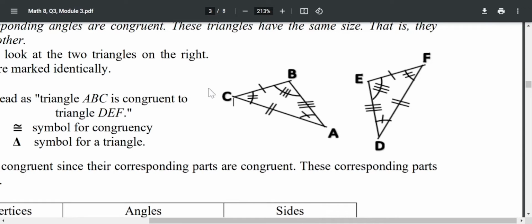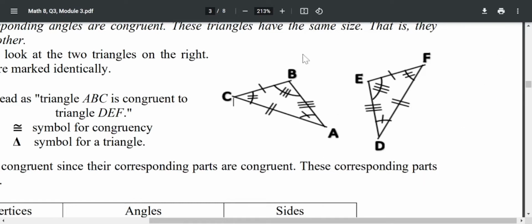Then on side CA there are two marks, and on our other triangle there are also two marks on side DF. So this means that this side CA or AC is congruent to the side DF.